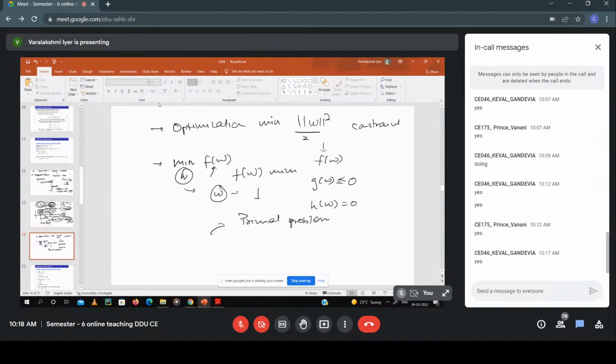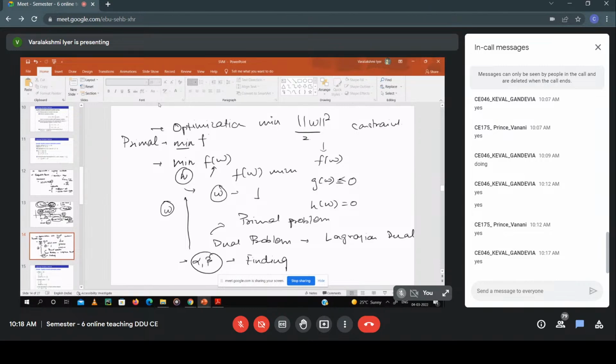Now we'll be creating a dual problem out of this, in the form of a Lagrangian dual, where we'll be solving for alpha and beta, which will ultimately give us the solution for w. Are you getting the point? In the primal form, we try to minimize the value of f of w by finding different values of w and satisfying the constraints.